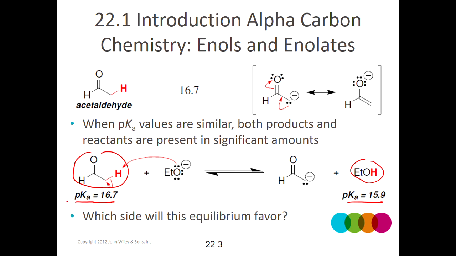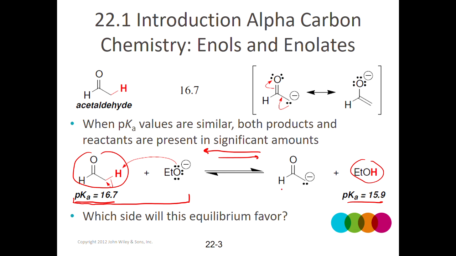And so whichever side has a more stable base will also have the more stable acid and the higher pKa. So that means this side is slightly favored in equilibrium. So we might draw that arrow a little longer than the other one. But the pKa's are very close. It's about 1 unit difference.